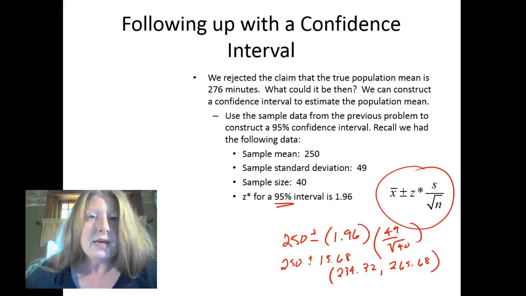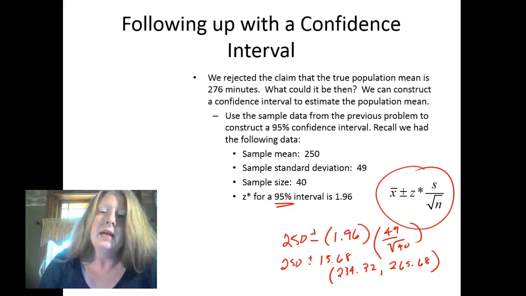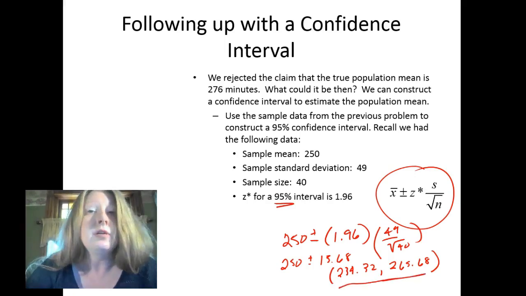I'm 95% confident that the interval from 234.32 minutes to 265.68 minutes includes the true mean number of minutes a male driver would drive around while being lost. We're 95% confident that this interval includes the true population parameter, and in this case, that parameter is a population mean.